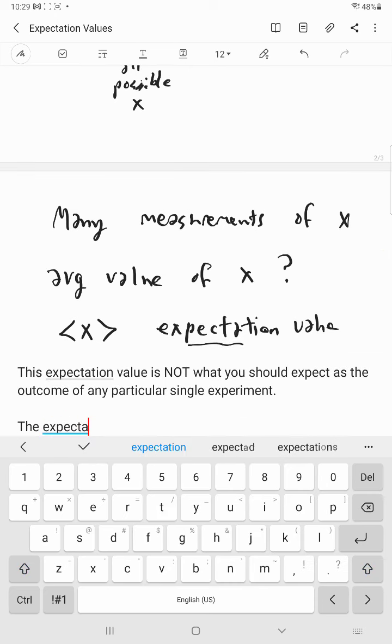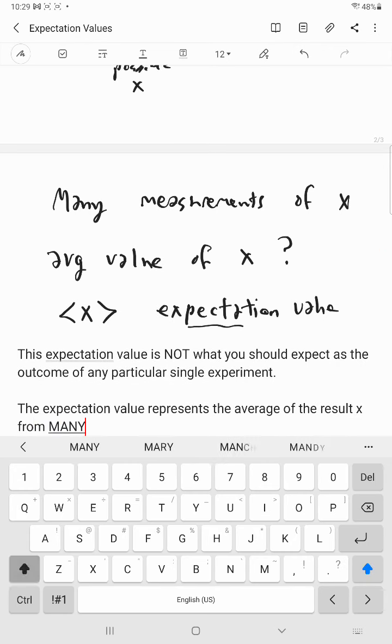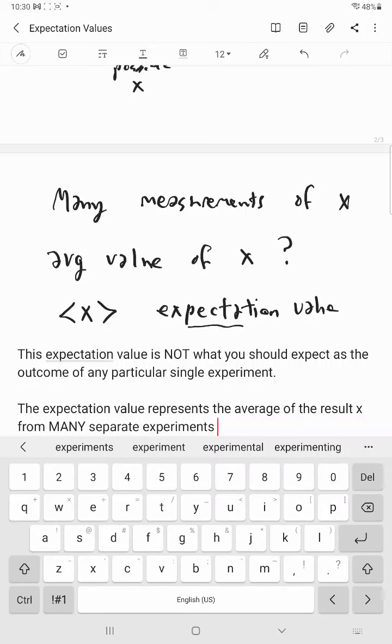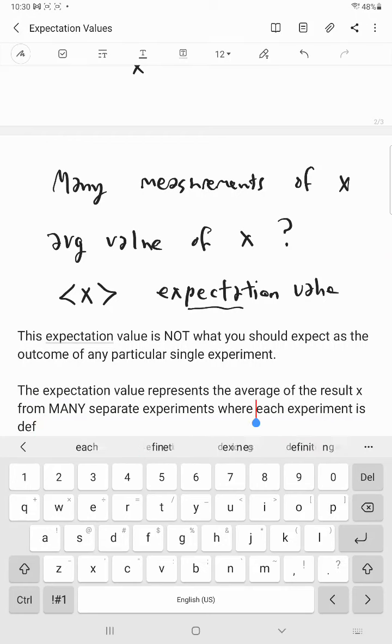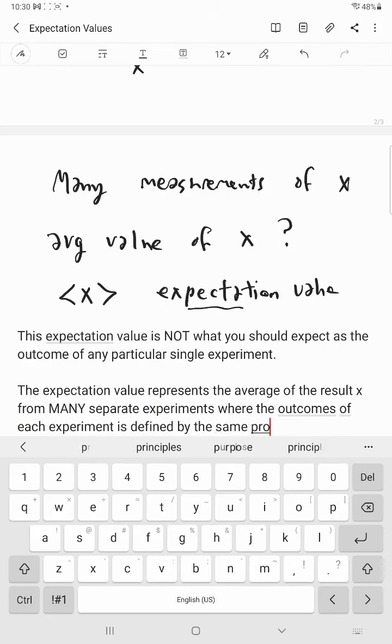The expectation value represents the average of the result x from many separate experiments, where the outcomes of each experiment are defined by the same probability distribution.